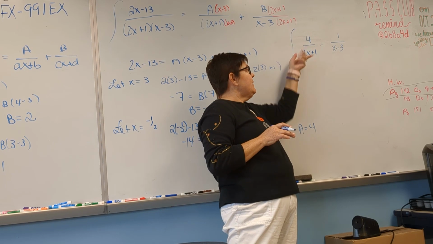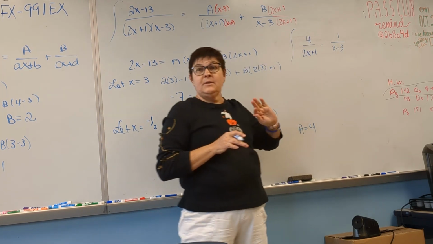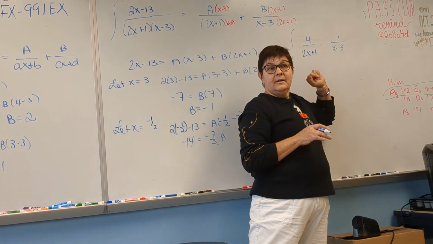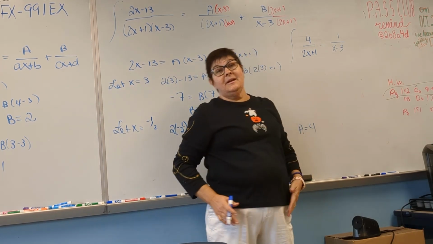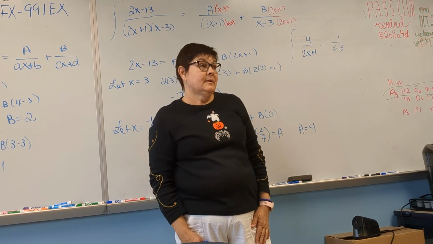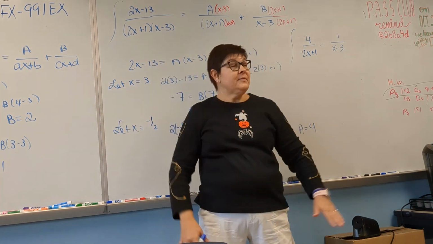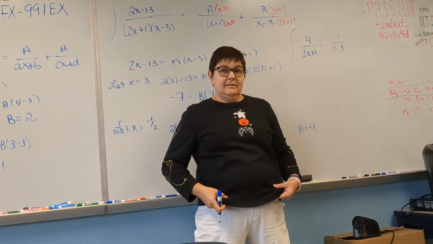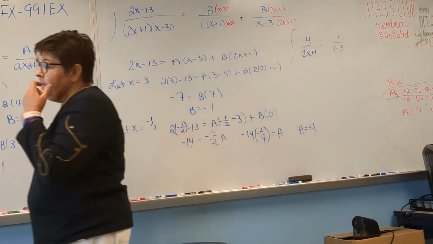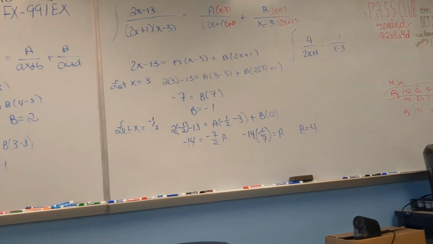The 4 can come out, we pull out a 1/2, you have du over u, and over here also a du over u. Pretty easy integration, and then you have a really easy problem. This one, no go, this one, we can do. That's why we're doing this, basically. Are we cool? Because Rachel already told me that it's no fun to do any integrals.